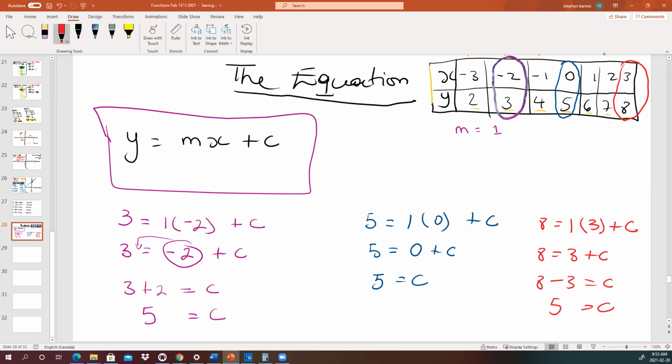Everybody clear on that? Yes, sir. And that is without using your graph as yet, right?